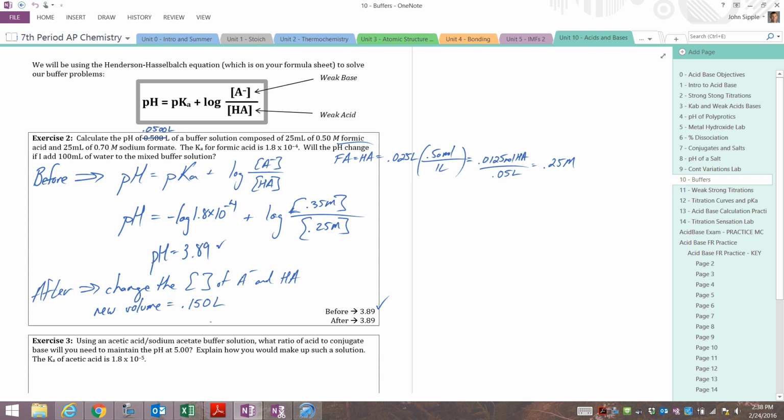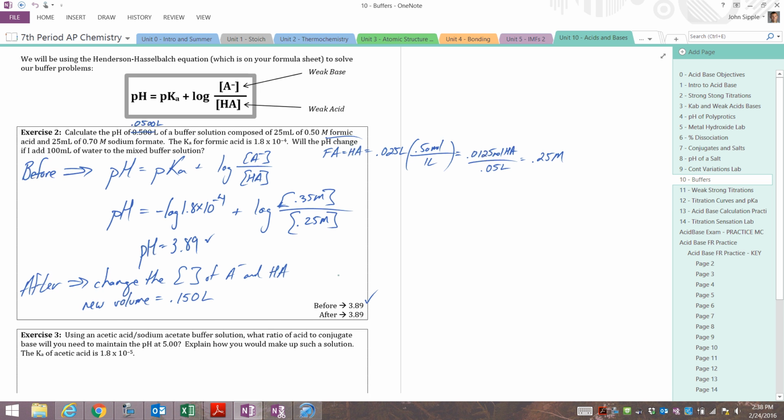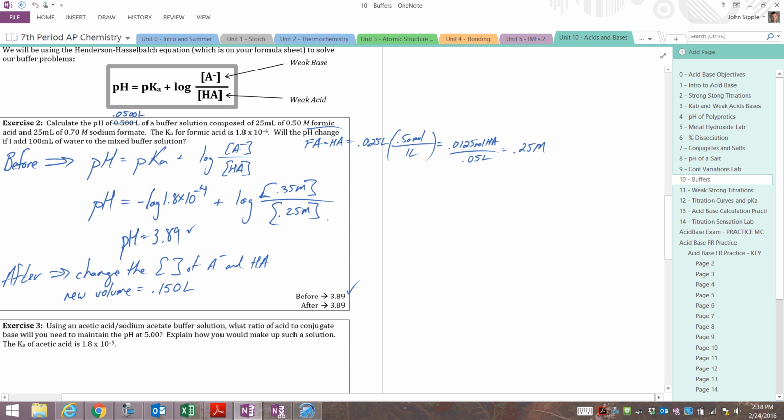I mean, we could calculate the new concentrations, okay? And you'd have 0.0125 moles of our formic acid, and now we just divide by our new volume, 0.15 liters. So our concentration of HA is going to be 0.083 molar.